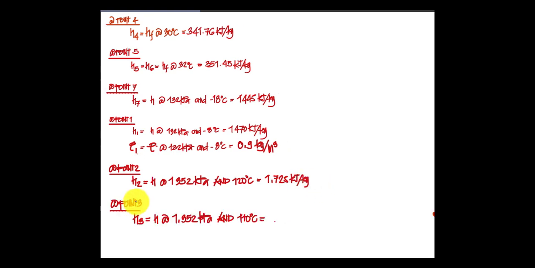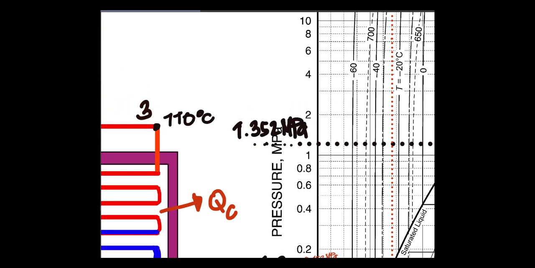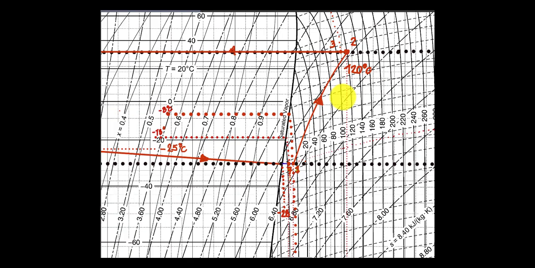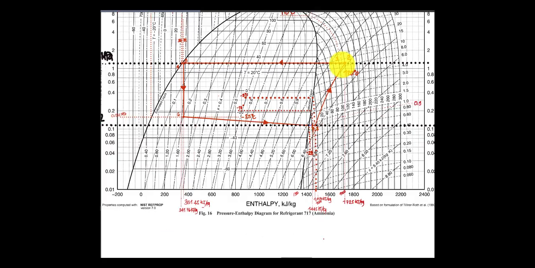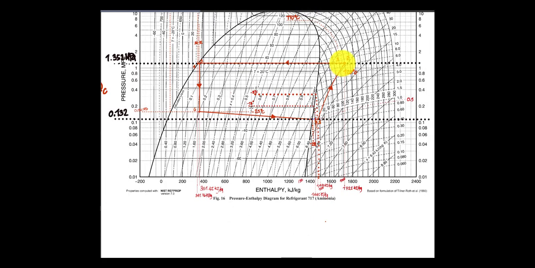Now at point 3, that will be the enthalpy at the intersection of 1352 kPa of pressure and 110 degrees Celsius. Looking at our pH diagram, that point will be this one. This is our 110 with the corresponding 1.352 megapascal.